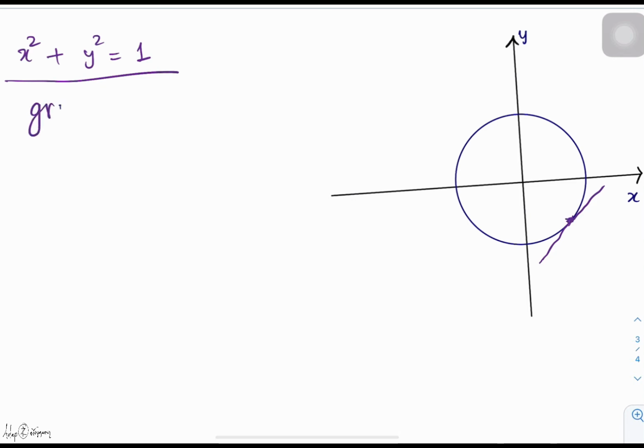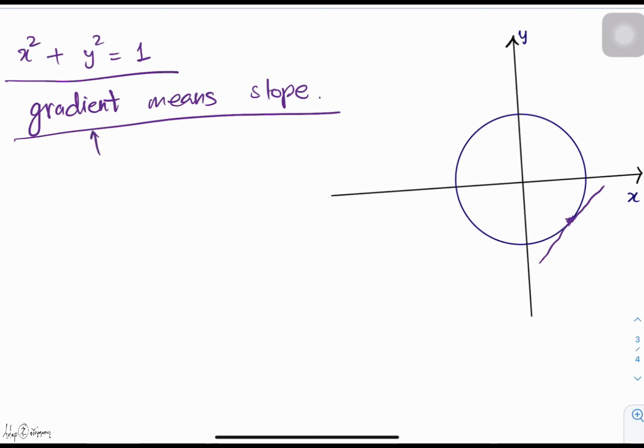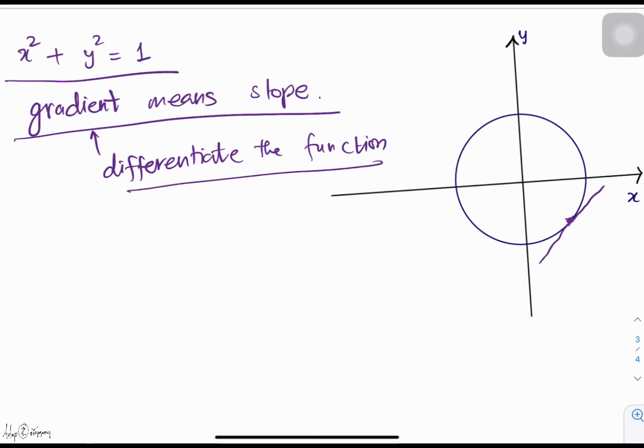Now you already know that gradient means slope, and to find the gradient you just have to differentiate the function. Because the diagram here, which is a circle, is given by the function x squared plus y squared equals 1, we do not have to make y the subject.